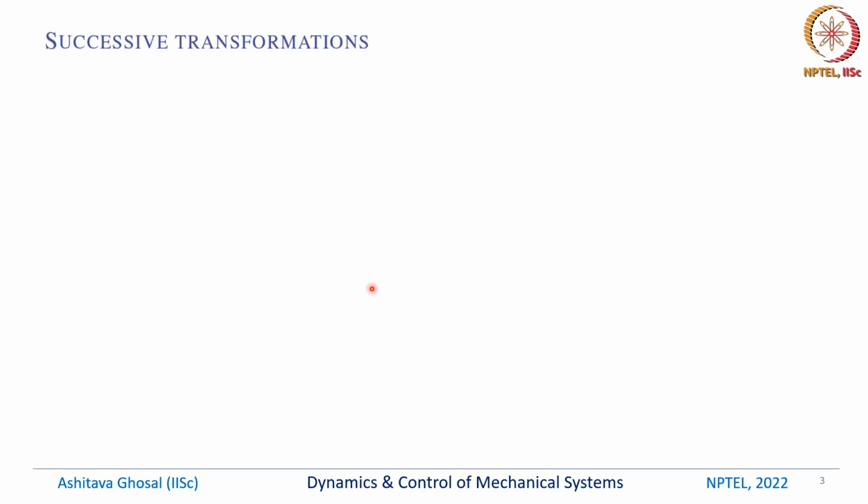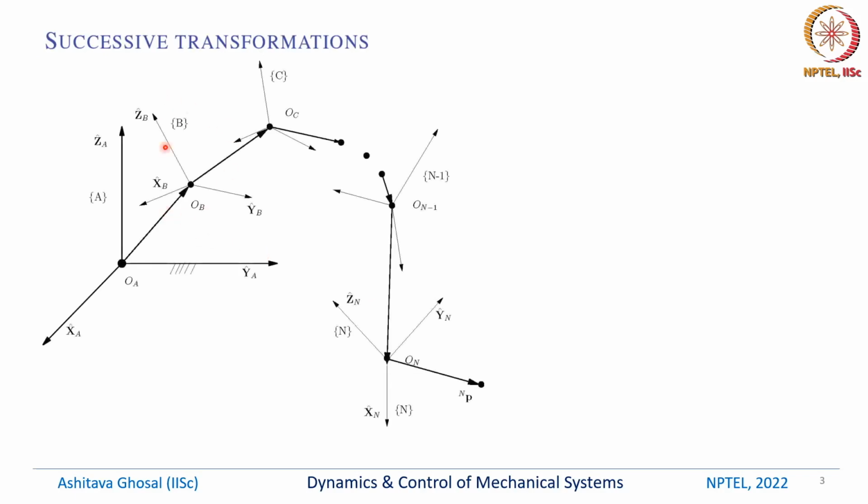So let us continue. Now we have this rigid body undergoing successive rotations and translations. Okay, so we have one rigid body, or another way of saying is there are several rigid bodies connected one after another. So we have a rigid body B which is XB, YB, ZB, OB, and then this rigid body moves to C which is XC, YC, ZC and so on.